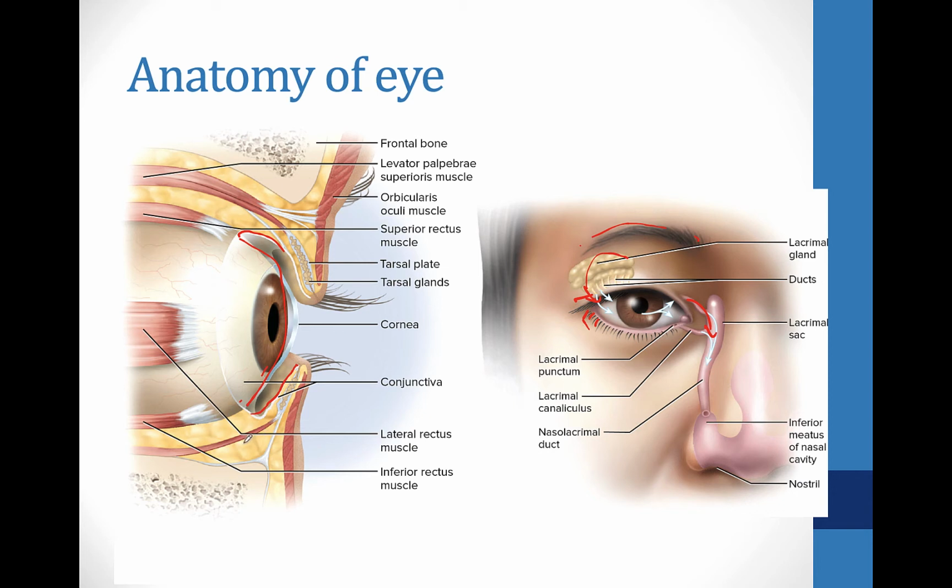In this image, you can see 1, 2, 3, 4, 5, and then there is another lateral muscle on the other side of the eye. These are controlled by cranial nerves 3, 4, and 6, and they allow you to move the eye up and down and sideways to look around without moving your head.